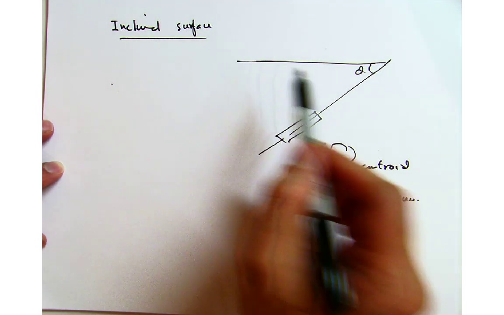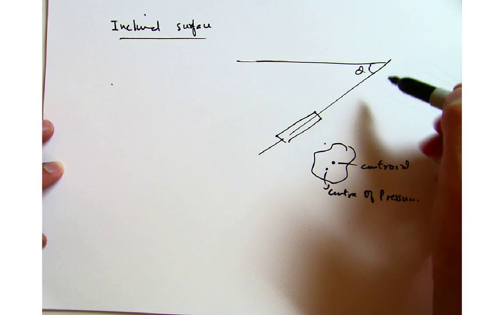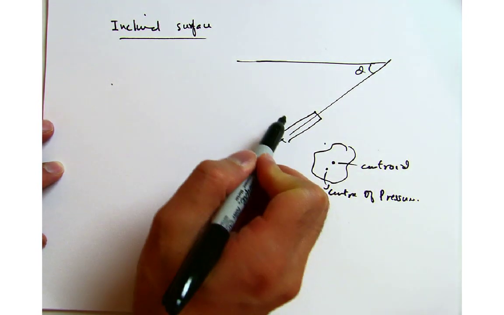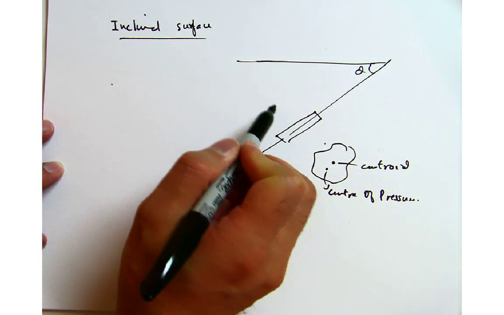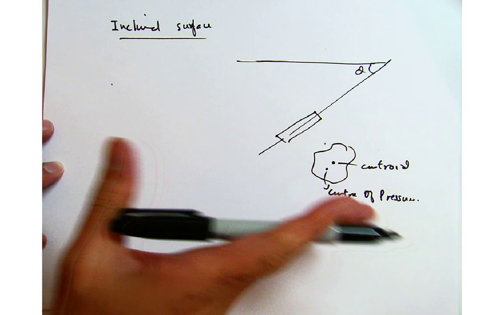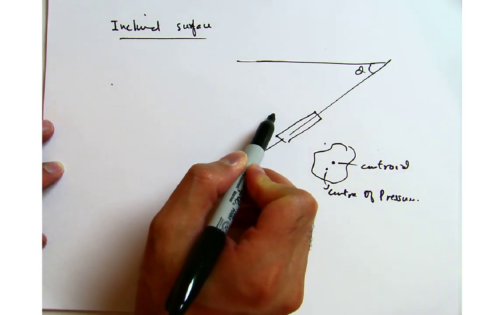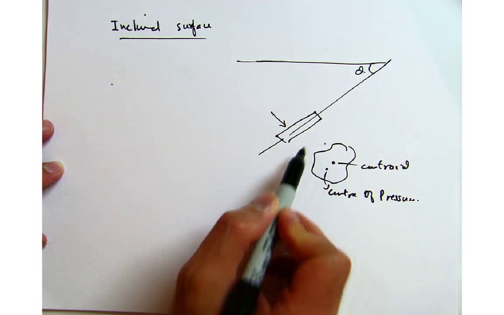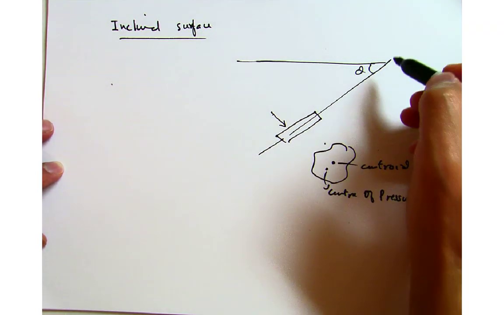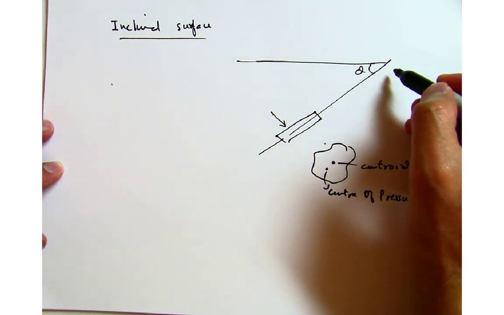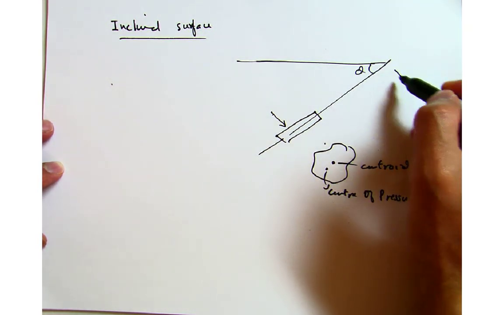The fluid exerts the pressure in all directions equally, so your force will be acting somewhere over here, which will be the point of center of pressure. But at the same time, now I'm going to choose a different coordinate system.